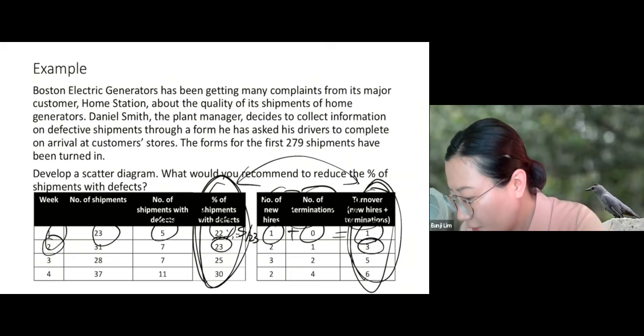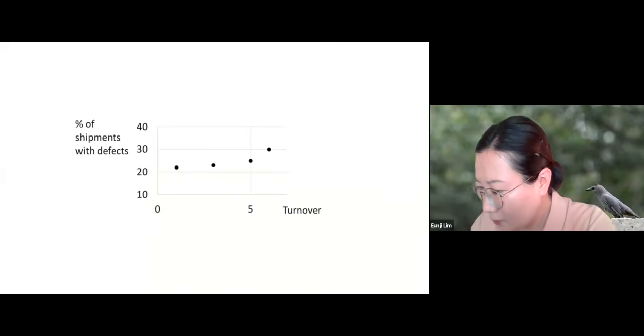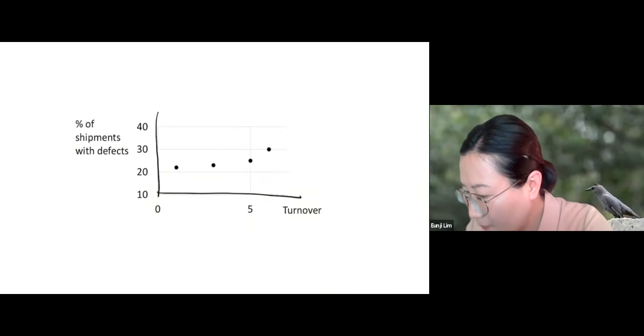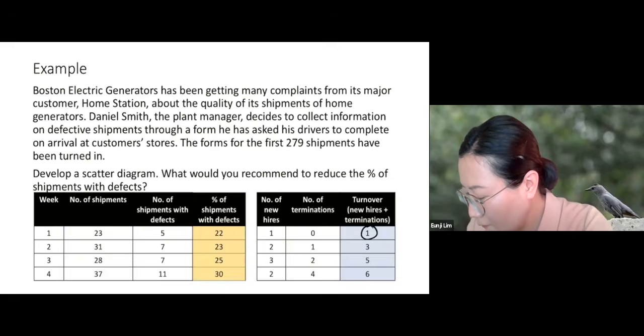So this percentage depends on the turnover. So this should be y and this should be x, right? So in this xy plane, when the turnover was 1, the percentage of shipments with defects was 22.